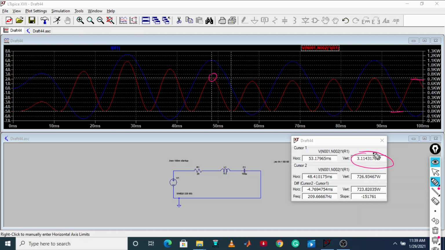Now this has been subtracted, and this is the actual active power that has been supplied, around 723, and the calculated value that we got is 713. It is approximately the same. This is how we calculate the active power.